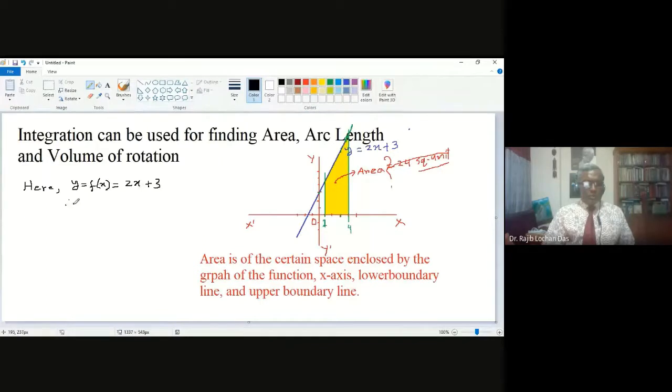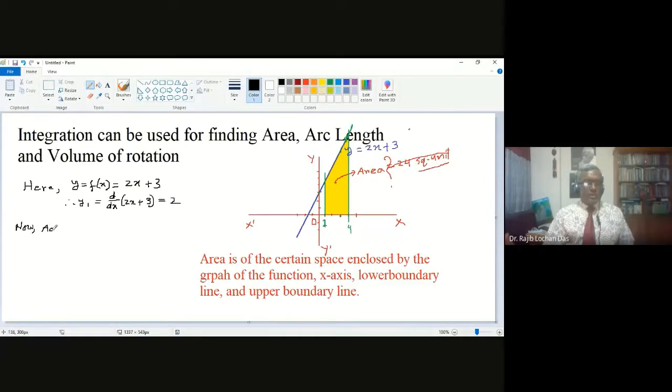Then y1 will be just the first derivative, that is d/dx of 2x plus 3, so it will be only 2. So now you go for finding the arc length.